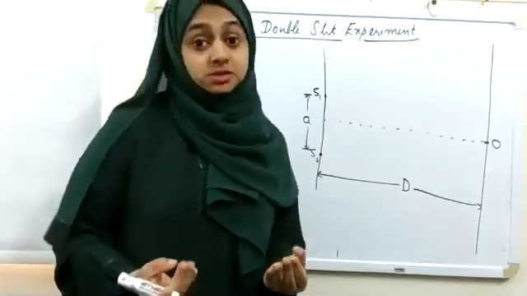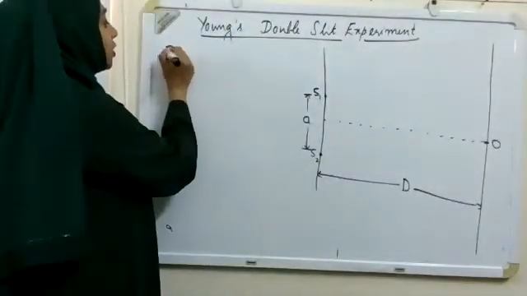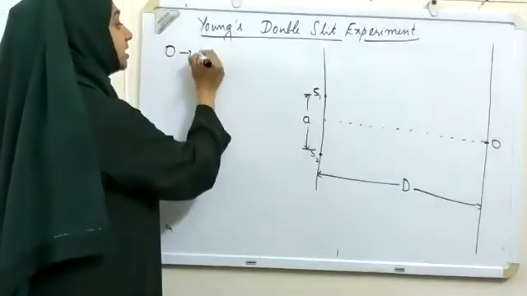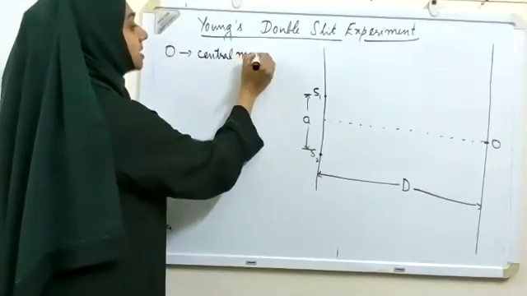So the path difference is 0. So there will be constructive interference, and at O you will get a central maxima.